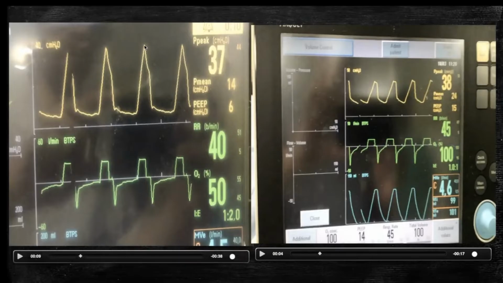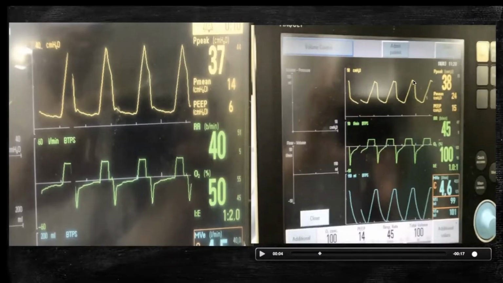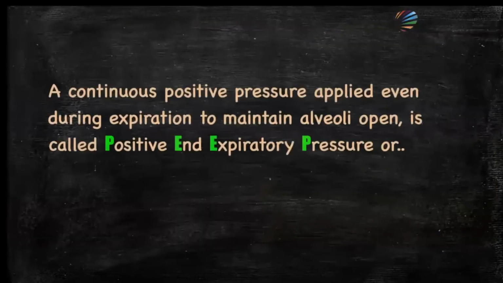But on the left side we can see there is a big gap between PIP and P plateau, indicating a situation of increased airway resistance, while on the right side there is very little distance between PIP and P plateau. So both PIP and P plateau are elevated and the pressures are high. So on the right side, you have a situation of poor lung compliance. On the left side, you have a situation of increased airway resistance.